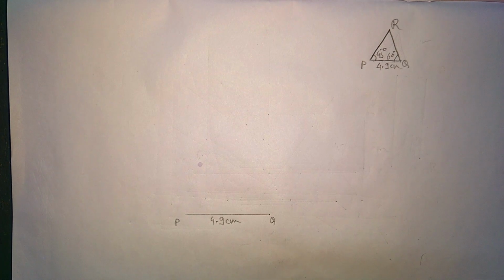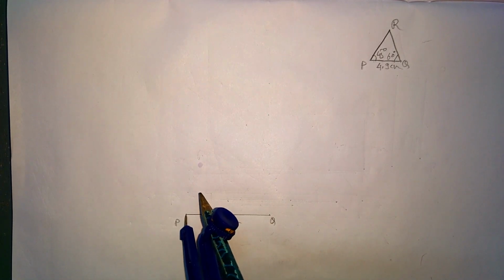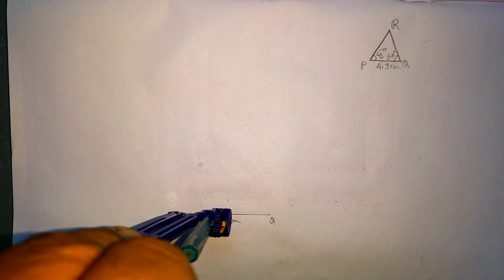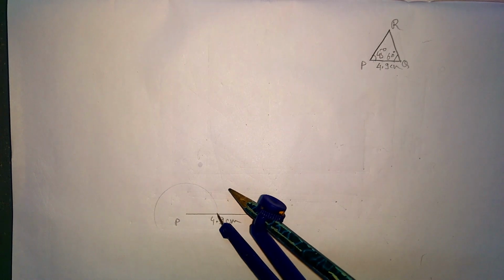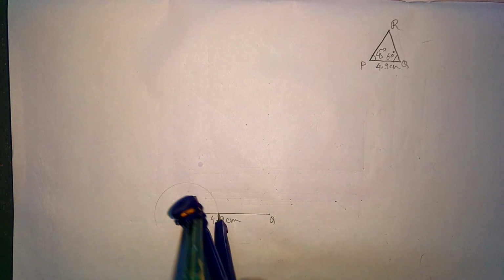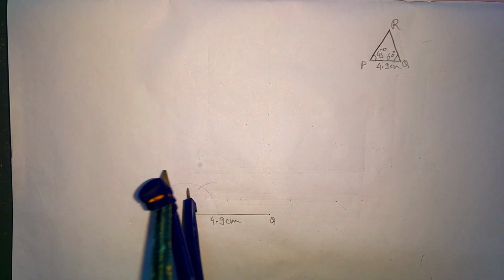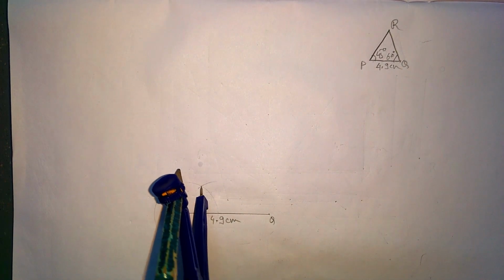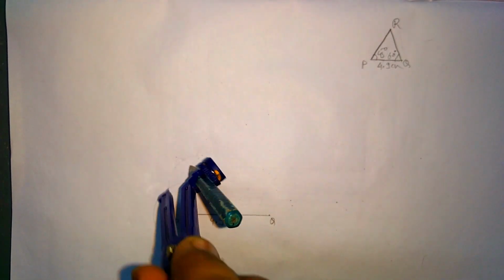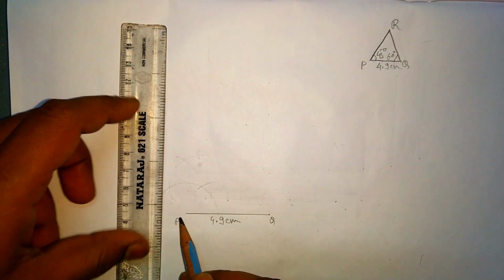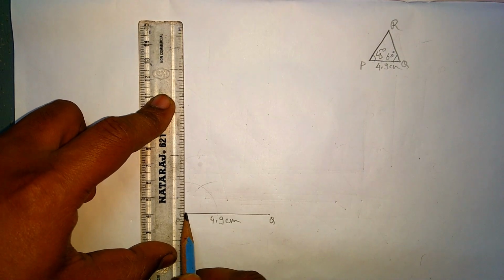Now from P we have to construct an angle of 45 degree. So for that we have to draw 90 degree first. 60 degree, 120 degree, 90 degree.